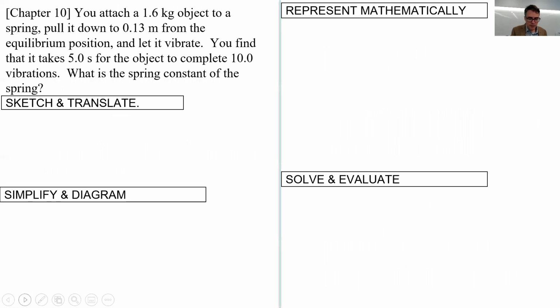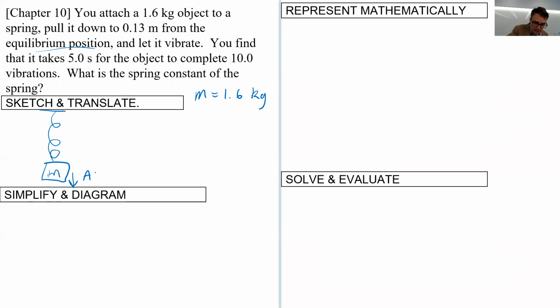Let's say that you attach a 1.6 kilogram object to a spring and pull it down from equilibrium position and let it vibrate. So I think they're talking here about a vertical spring, mass hanging from a spring. Mass is equal to 1.6 kilograms. Pull it down 0.13 meters from its equilibrium position and let it vibrate.